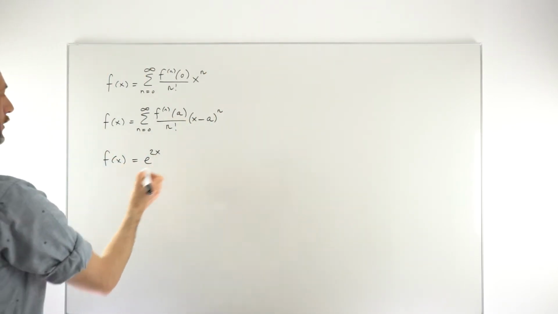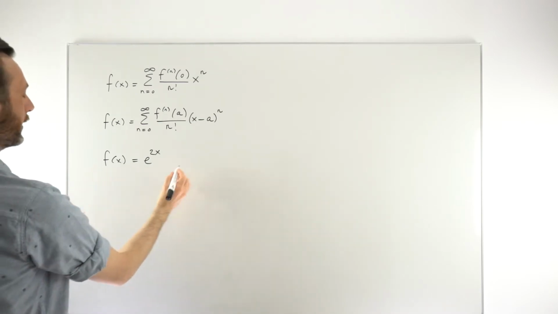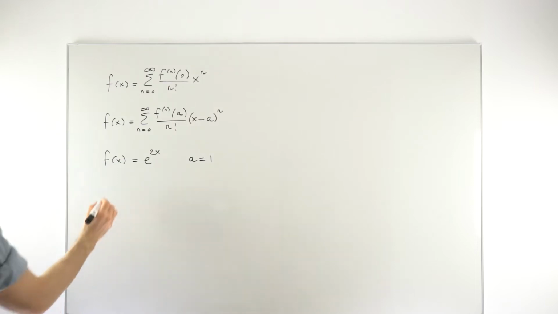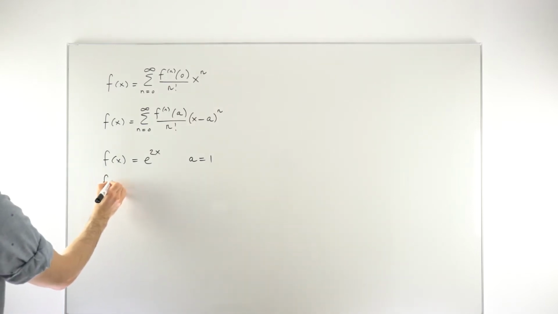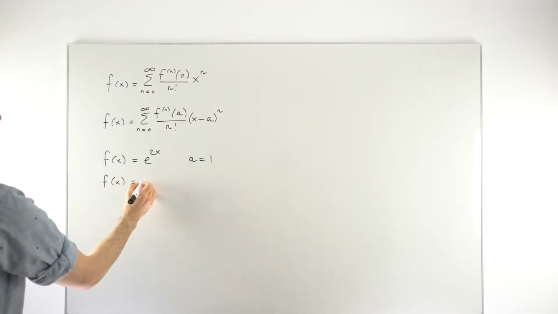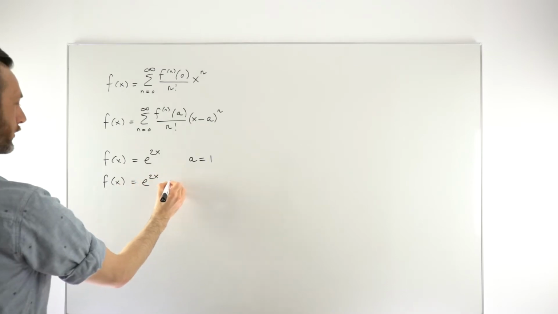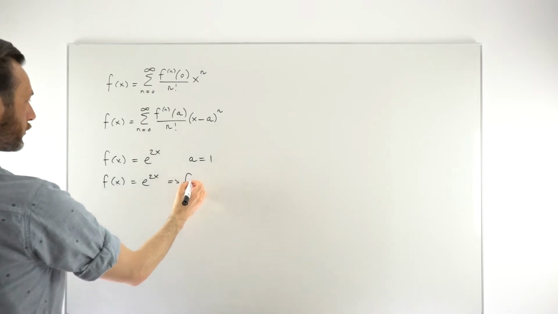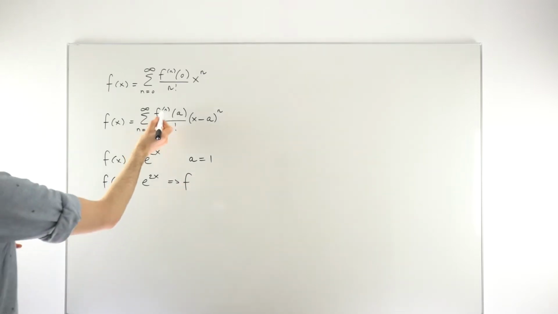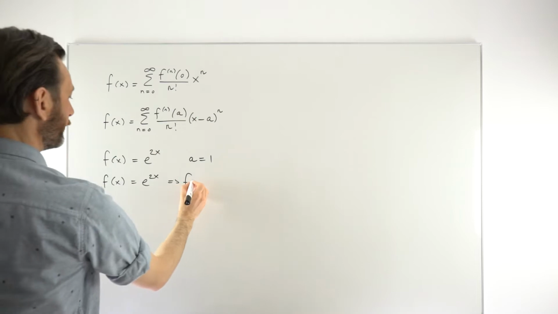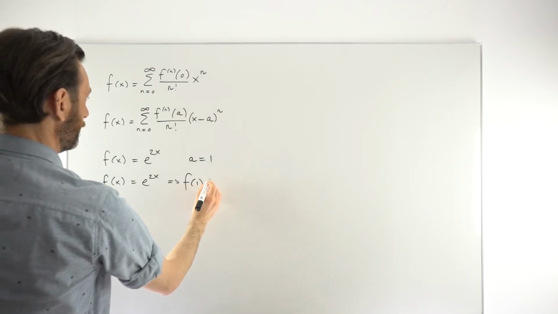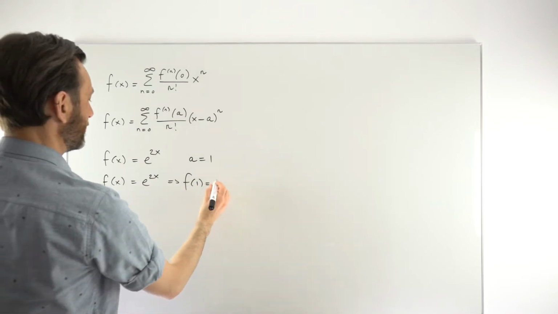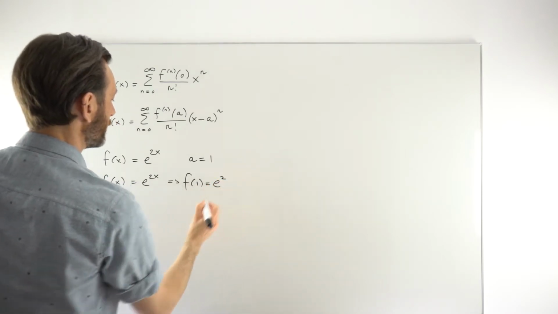Let's say the center, the a value, equals 1. So f of x equals e to the 2x, which implies that f of 1 is just e to the power of 2 times 1, so e squared.